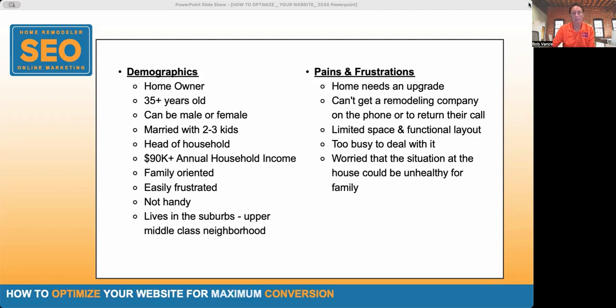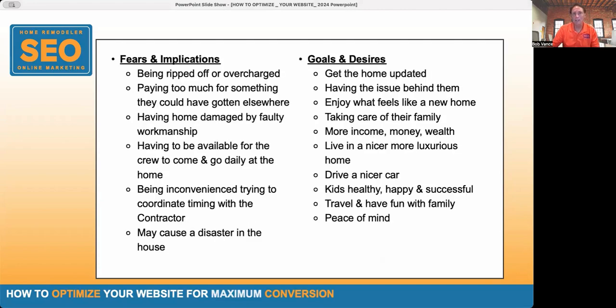Maybe they just don't have realistic expectations, and some education from you can really help with that. Other things that are probably going through their mind are the fear of being ripped off and overcharged, or maybe it's the inconvenience and interruption of their lifestyle while a major renovation is taking place.